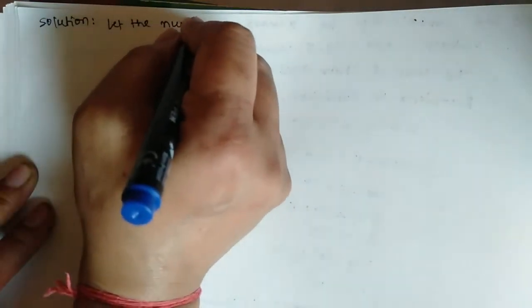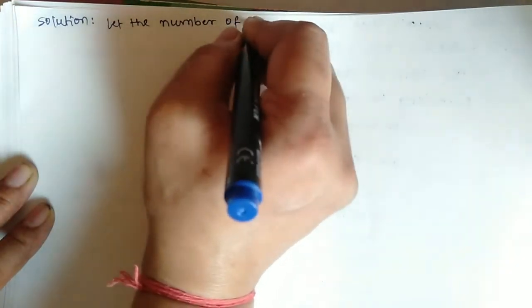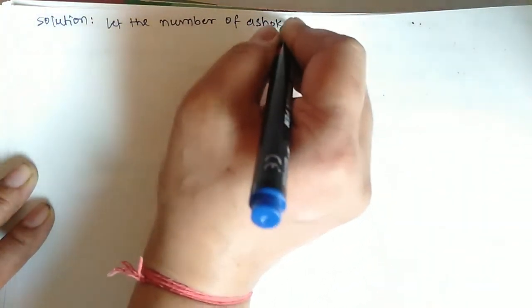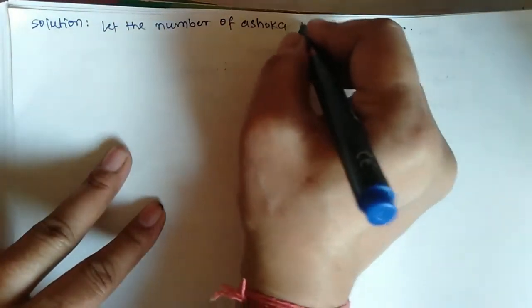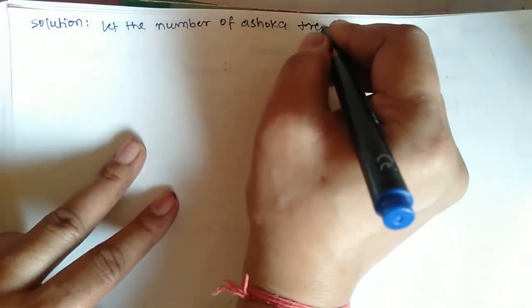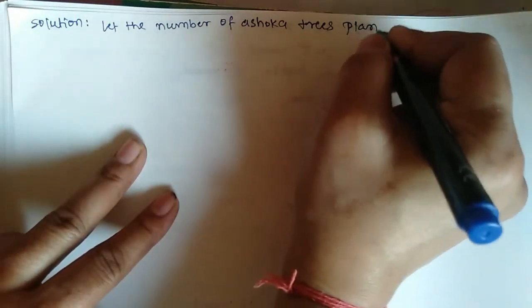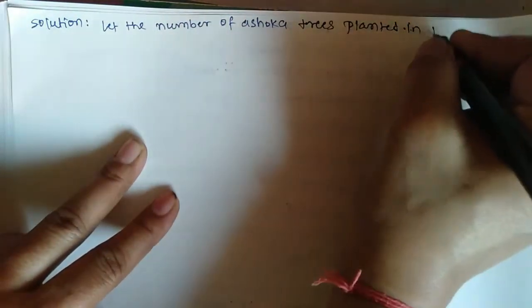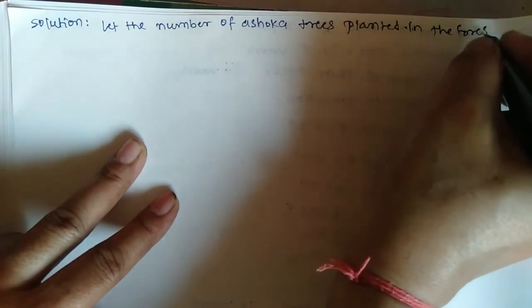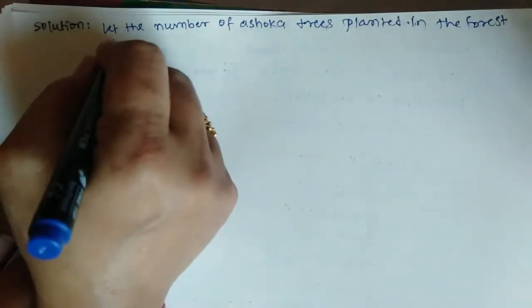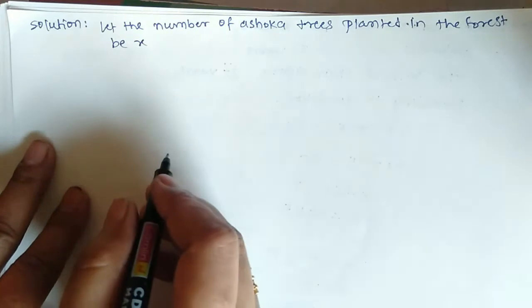Let the number of Ashoka trees planted in the forest be x.